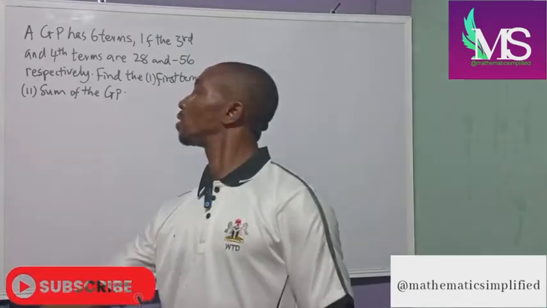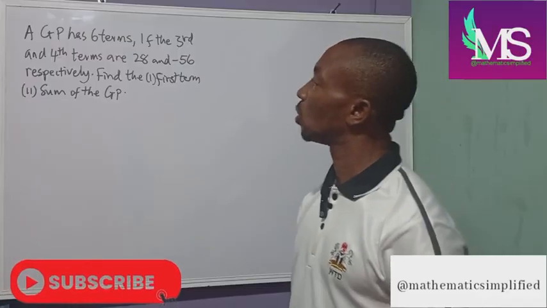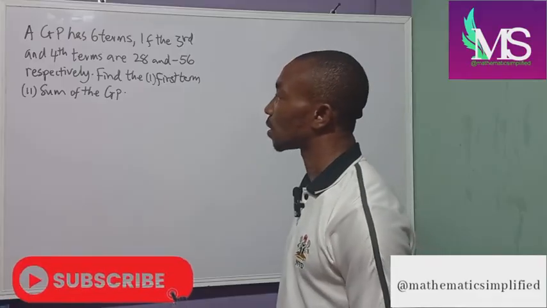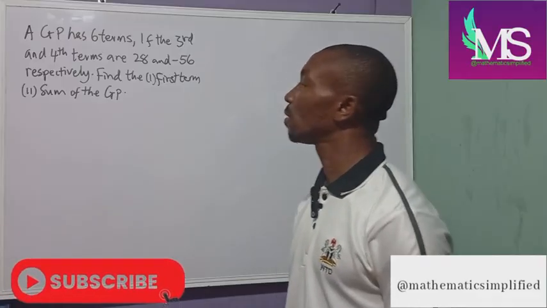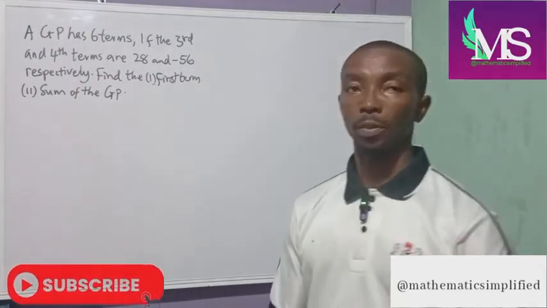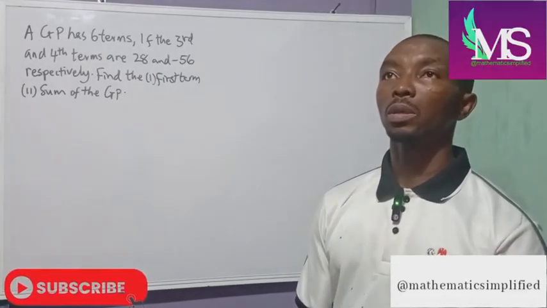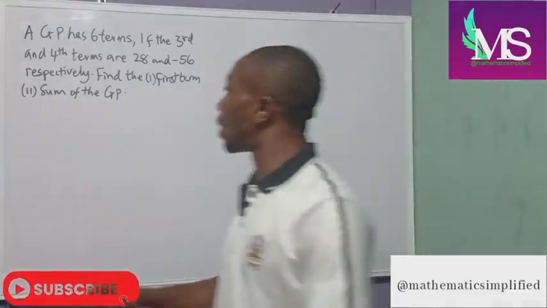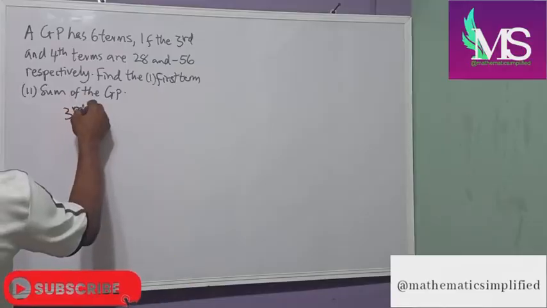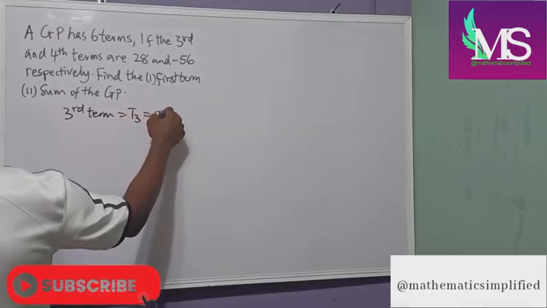Our next question says, a GP has 6 terms. If the third and fourth terms are 28 and minus 56 respectively, find the first term and the sum of the GP. Now, in doing this, let's look at the third term, which is T3 equals ar.